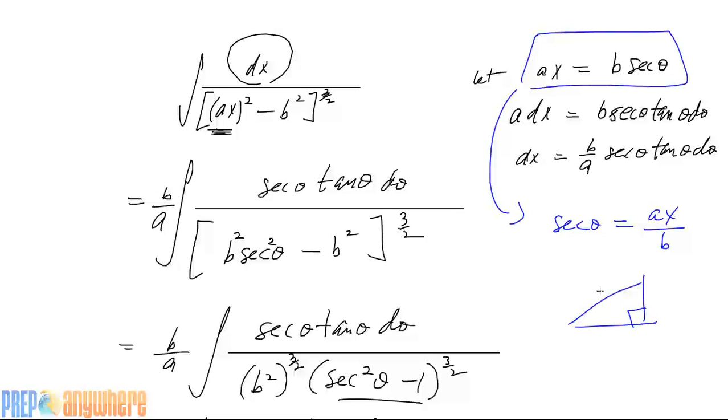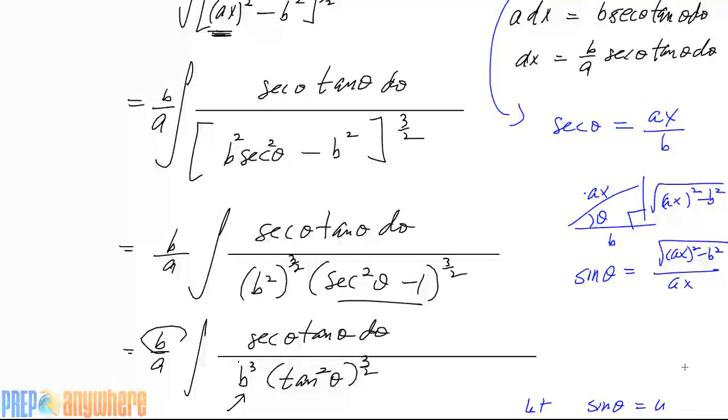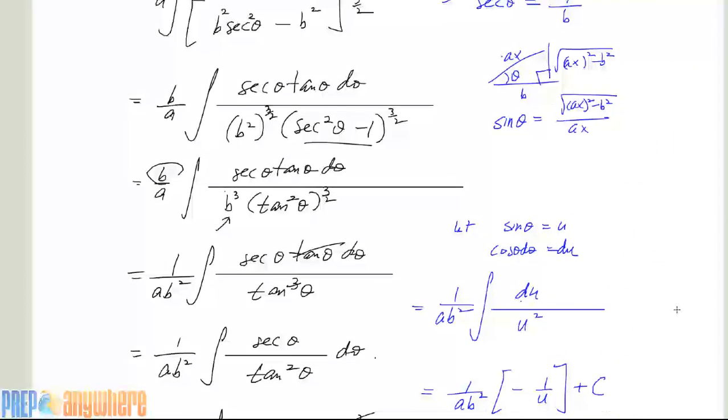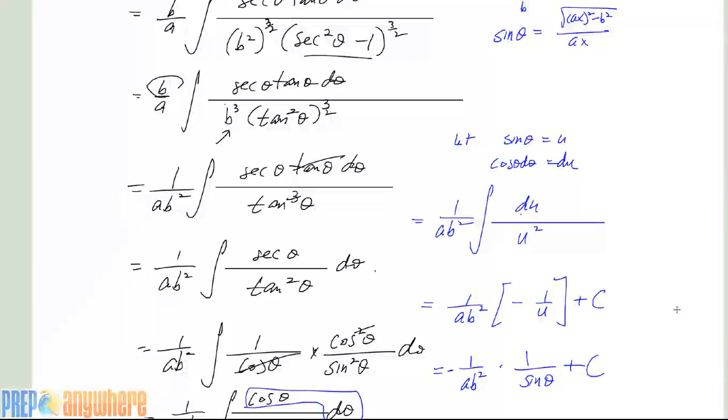So we have hypotenuse ax, this side is b, so the other side is the square root of ax squared minus b squared. Here's my angle theta, so sine of theta is going to be this side all over ax. So we just have to replace the sine of theta with that.